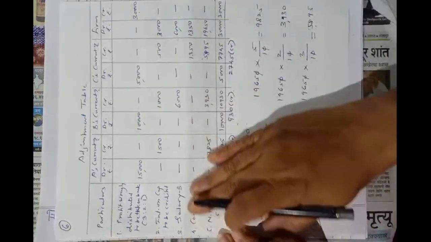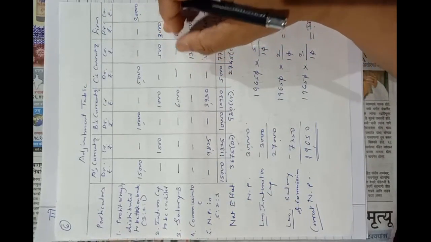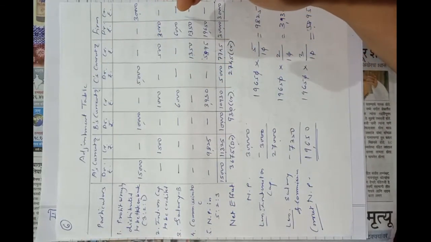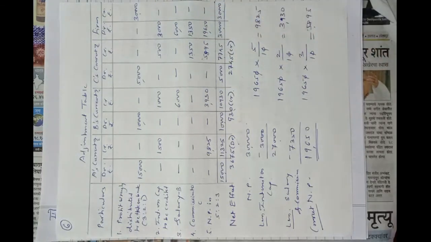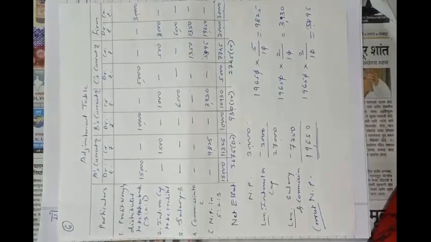In this way, for past adjustment, you have to prepare an adjustment table and pass one single journal entry. Now solve this problem in your notebook, and if there is any doubt, you can ask.